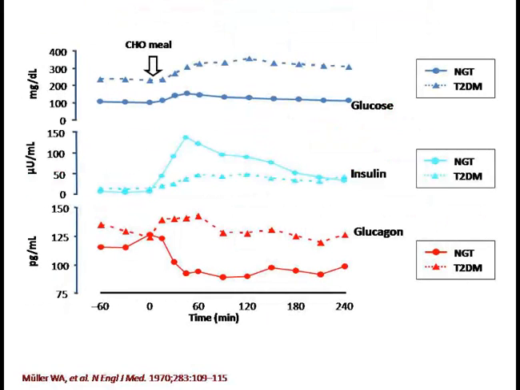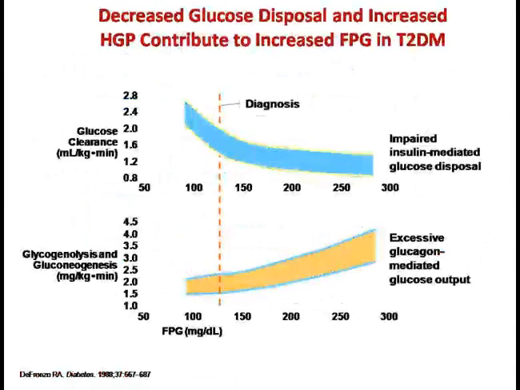This is shown in the seminal work by Muller, again in the 1970s, just the opposite of the physiology. When you give somebody a carbohydrate meal, in a normal individual, it stays normal because the physiology is working. And in a diabetic, as we know, the blood sugars start to climb with lesser secretion of insulin and higher secretion of glucagon, making this a milieu where the glucose levels are completely out of control, leading to the diagnosis of diabetes.